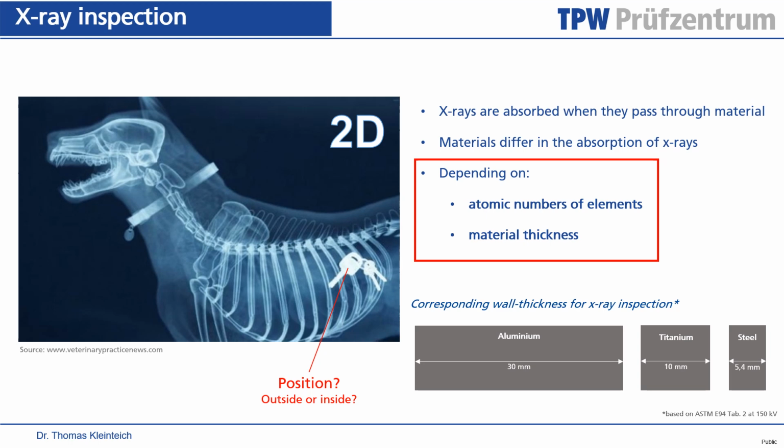And so in case the keychain wasn't inside the dog, but was on the side of the dog, you also cannot tell from this picture if the keychain was in the front or the back of the dog. So you have no information at all on the position of the structures you're looking at, depending on the plane of view, depending on the orientation of the object for the X-ray image.